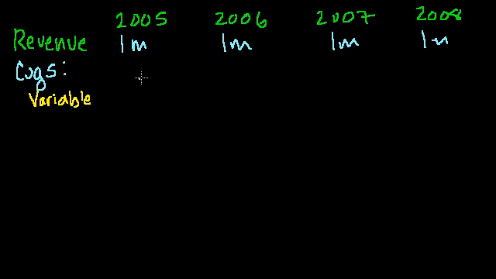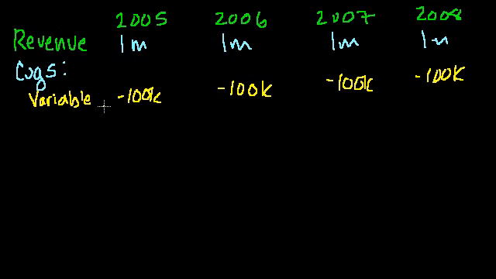So let's say the variable costs each of these years, and I'm assuming stainless steel prices don't change, it's, I don't know, let's say 100K, minus 100K every year. And actually, let's just say the variable cost also includes employee costs. They have people on hourly wages that are forming these stainless steel widgets. So that incorporates everything. And then the fixed cost would essentially be the cost of the factory.